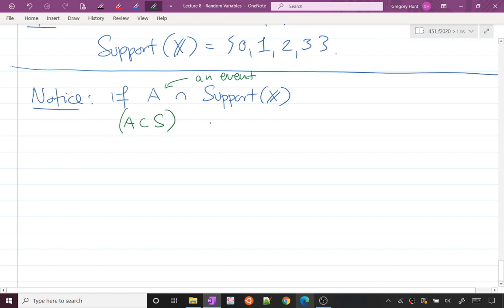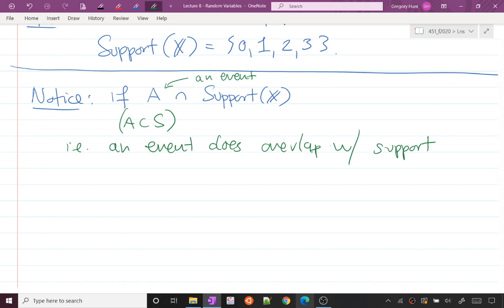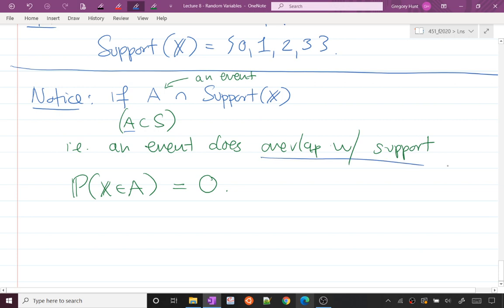If you have an event that doesn't overlap with the support, and the support is all possible outcomes, what's going to happen? What is the probability that my random variable ends up in this event? It's going to be 0, right? Because A does not overlap with any possible outcome.